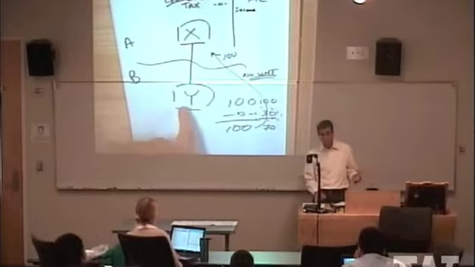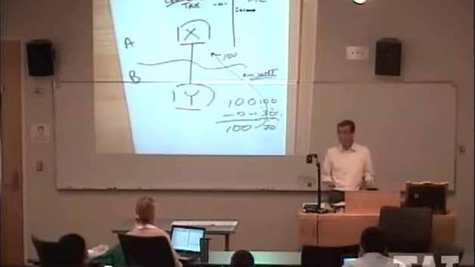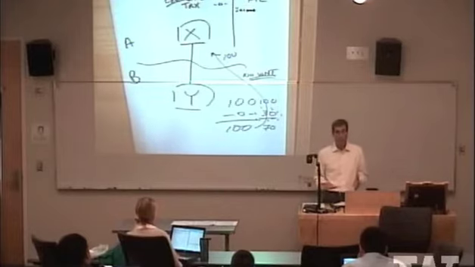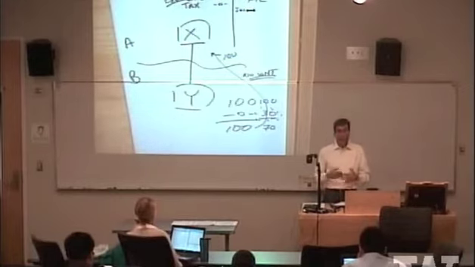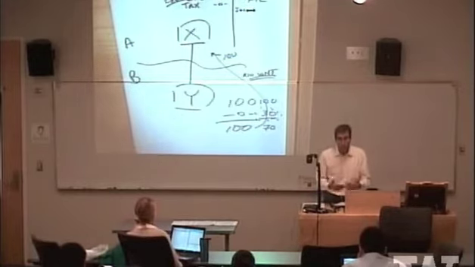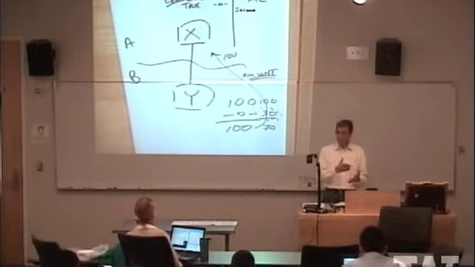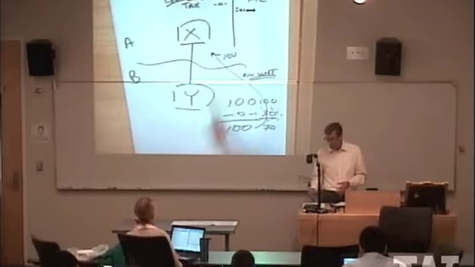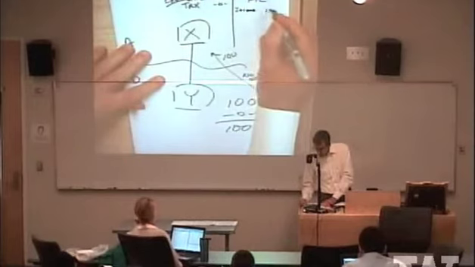Because the actual dividend that Y declared was 100. There was 100 of retained earnings, and Y goes through properly declaring a dividend and making the paperwork and showing a dividend of 100, and they physically pay 100 to X. So our income is 100.